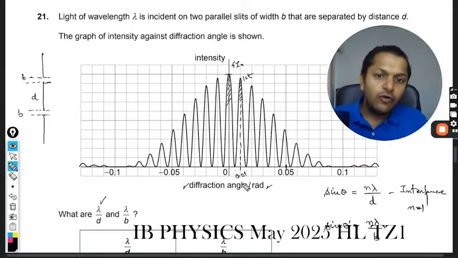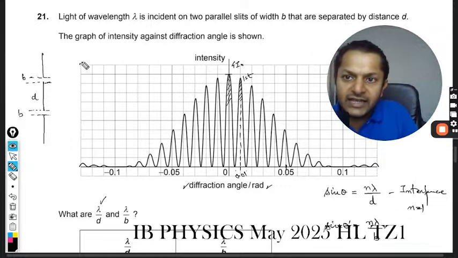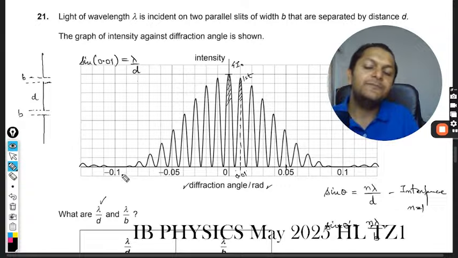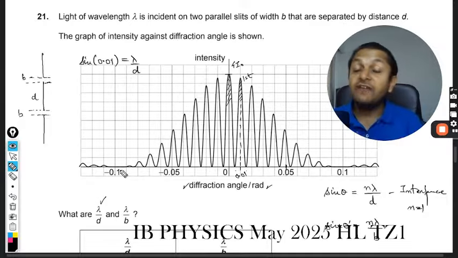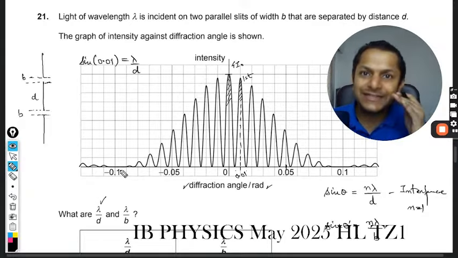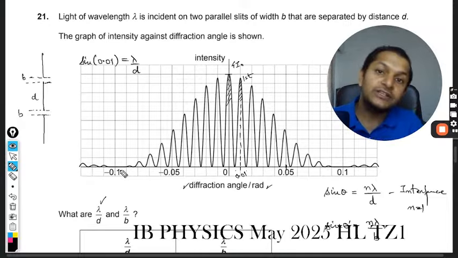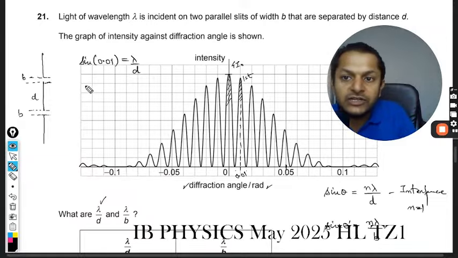So 0.01. For the interference, I can say sine of 0.01 is equal to lambda by d. So your answer should be sine of 0.01. But we have done in limits in maths AAHL that if theta is tending to 0, or has a very small value, then sine theta is approximately equal to theta.